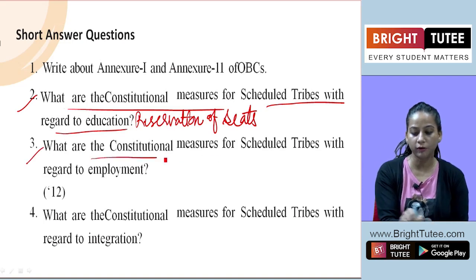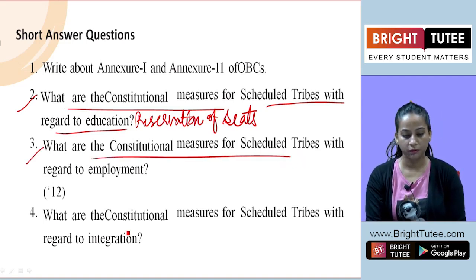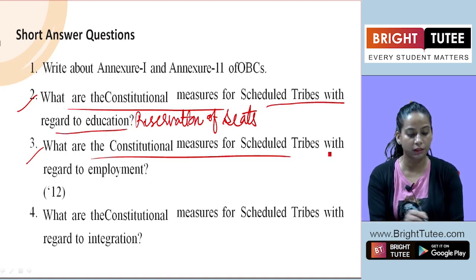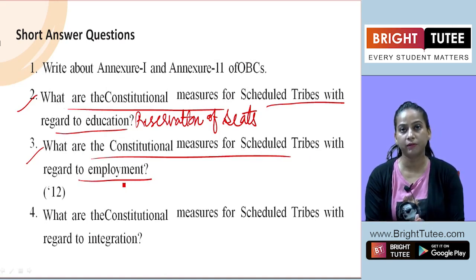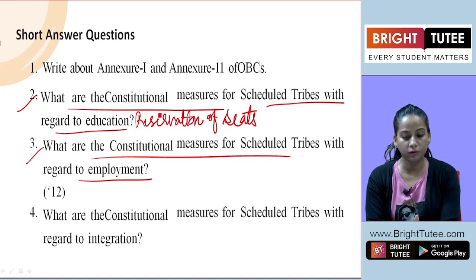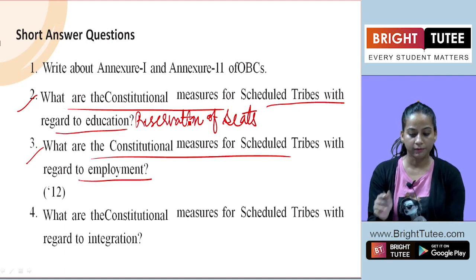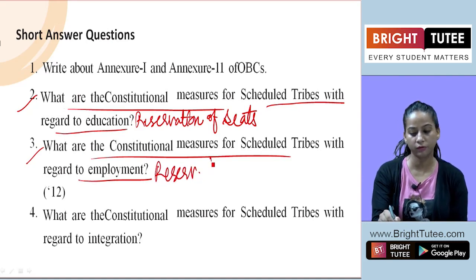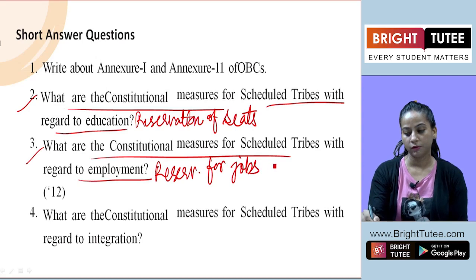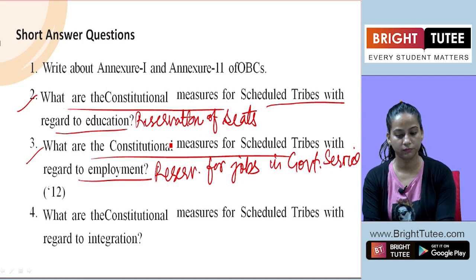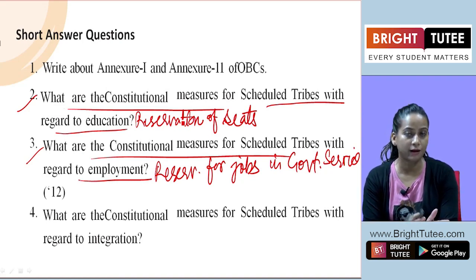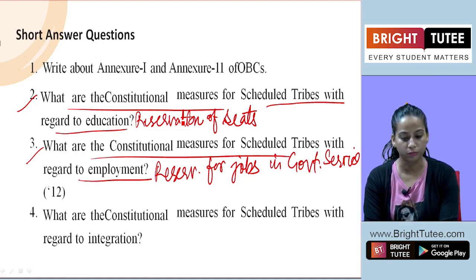The next one: what are the constitutional measures for scheduled tribes with regard to employment? What sort of opportunities are they getting related to employment? Here we can mention that there is a provision for reservation for jobs in government service, and now it has been extended to the private sector also.